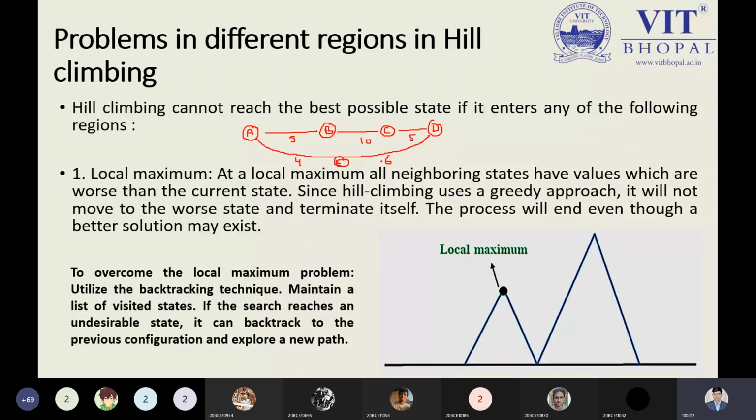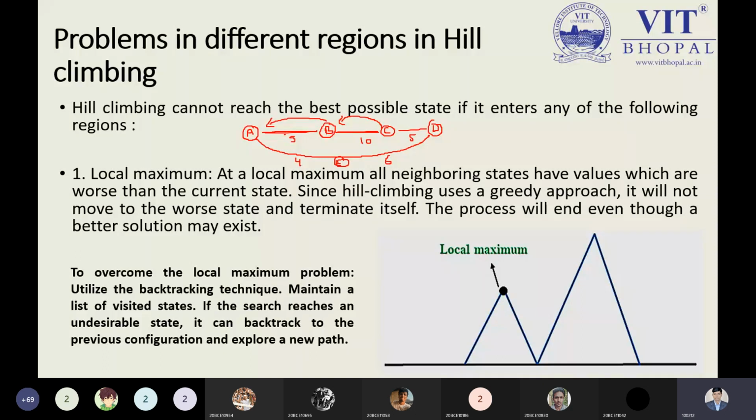Before reaching this goal, you found A to B I'm moving and B to C I'm moving, so it costs around 15. But I find A to E is another solution I can have. So again you will go back, and this is known as backtracking.